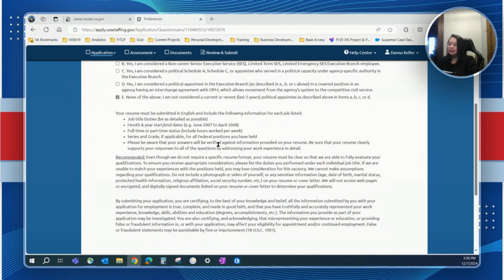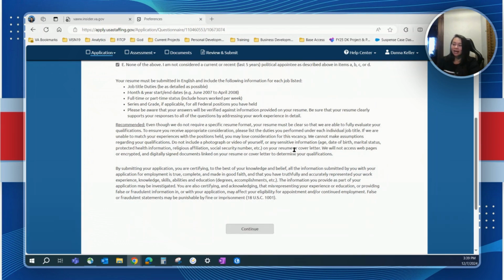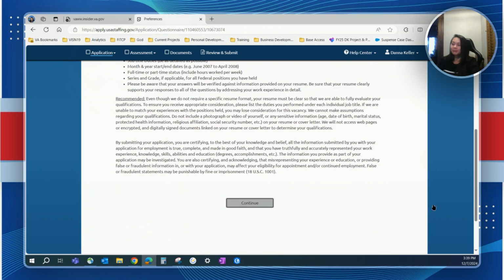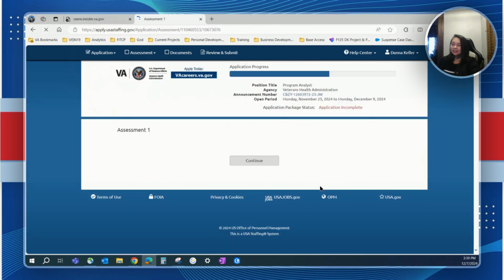So that is one of those things to see what the different skill sets are. And then right here, please be aware that your answers will be verified against any information provided on your resume. So they're going to check that. So make sure your resume is on point as you're filling out these applications. So now we'll go ahead and click continue.